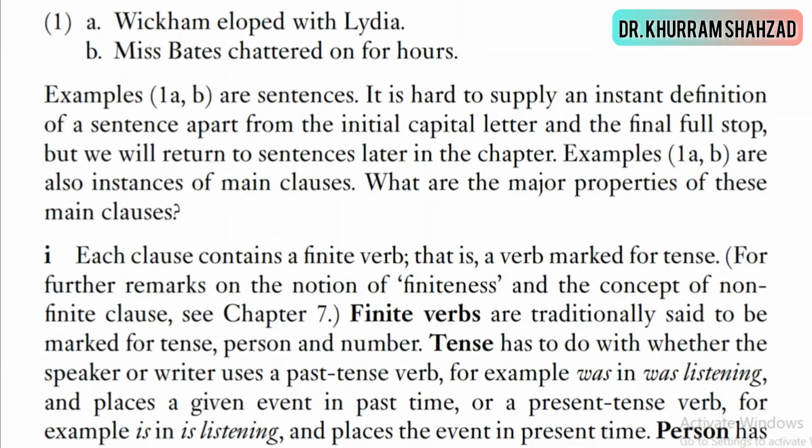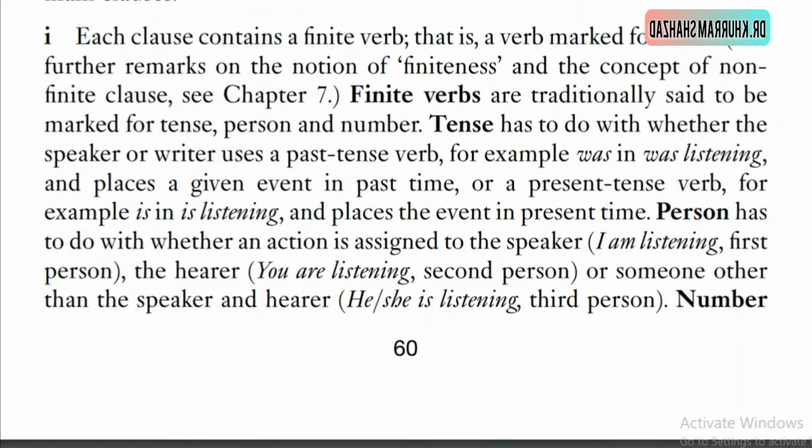Moreover, we should remember that a clause also talks about person and number. Though most of the verbs in English do not talk about person, some verbs like be do. So I am, you are, they were, he was, you were.